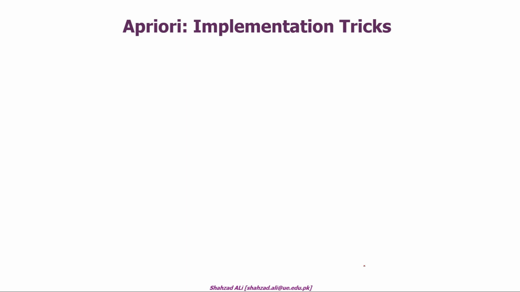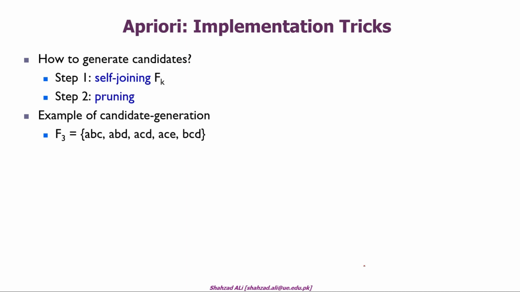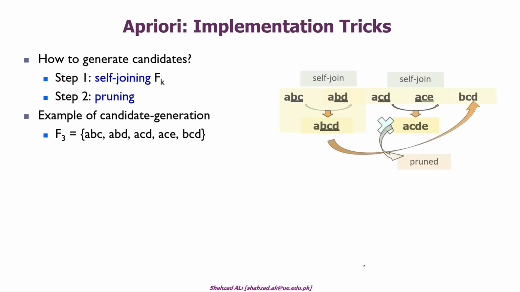As we discussed in our previous example of the a priori principle, we have discussed the self join and pruning concept. So the concrete implementation of this a priori principle involves two steps: the self join and pruning. Self joining goes like this. We get ABC and ABD.